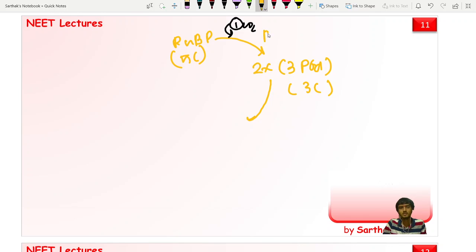And the enzyme here is Rubisco. And the 3 PGA is converting into triose phosphate.